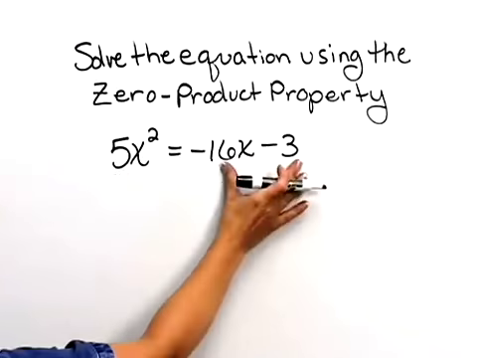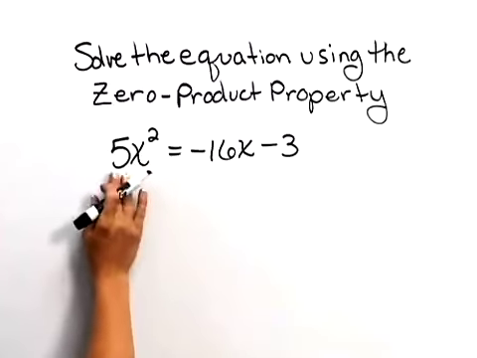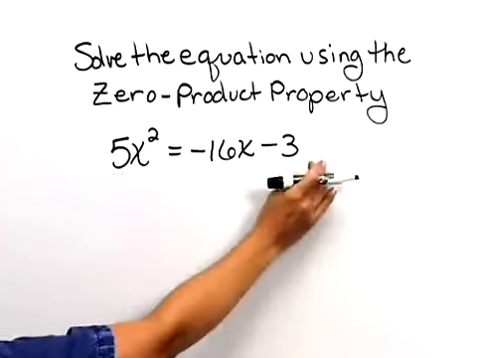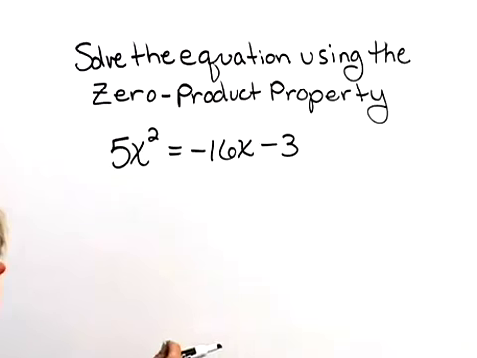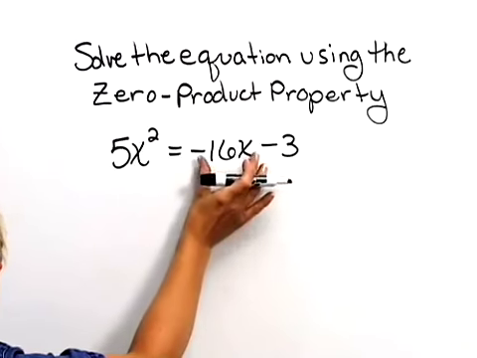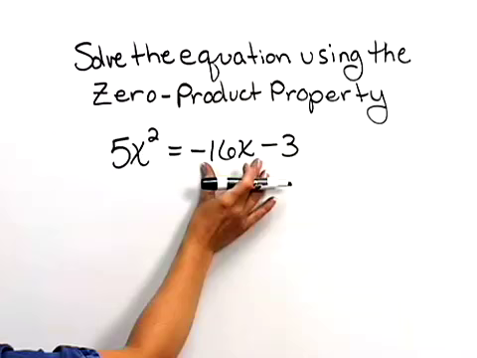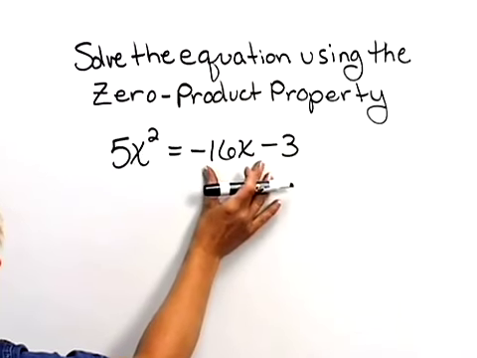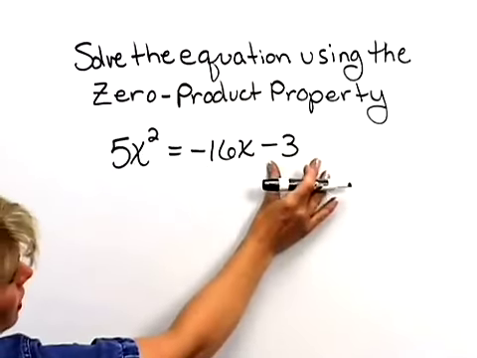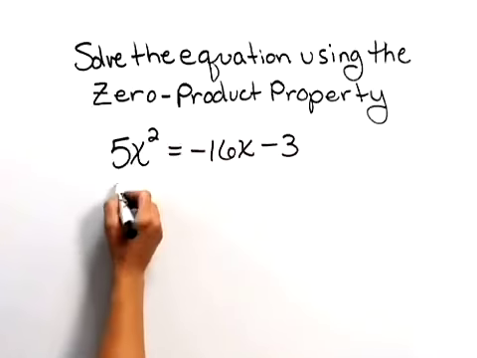So how about if we move both of these terms over here so that we have 0 on the right-hand side? Since this is a negative 16x, we'll add 16x to both sides. And since this is a negative 3, we'll add 3 to both sides.